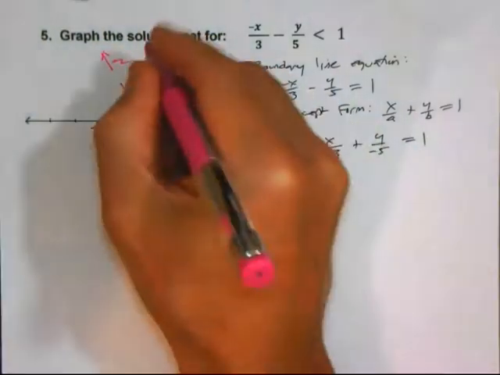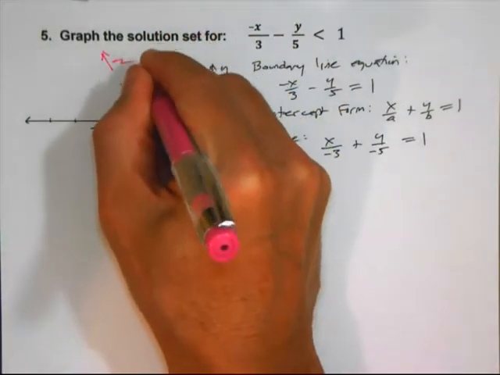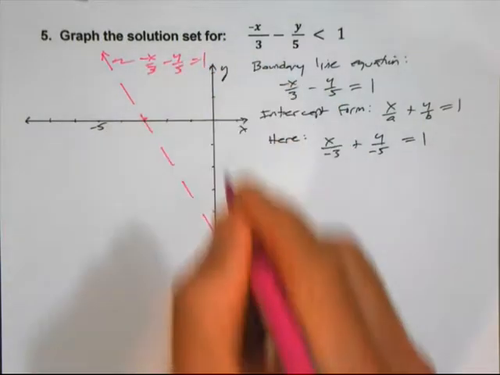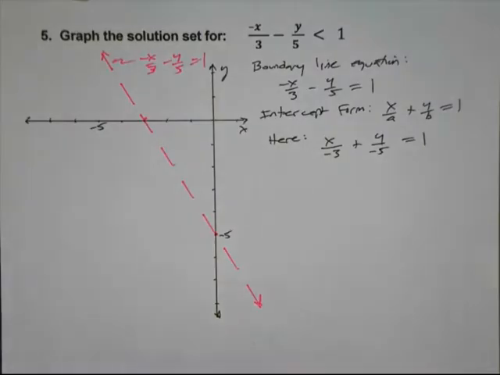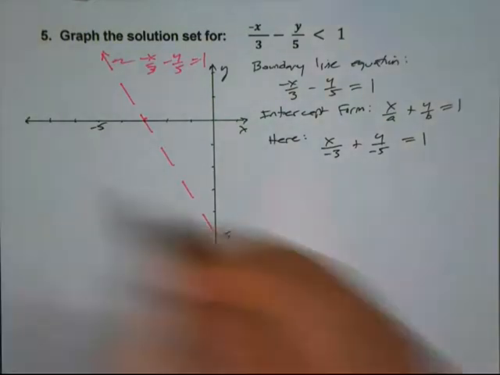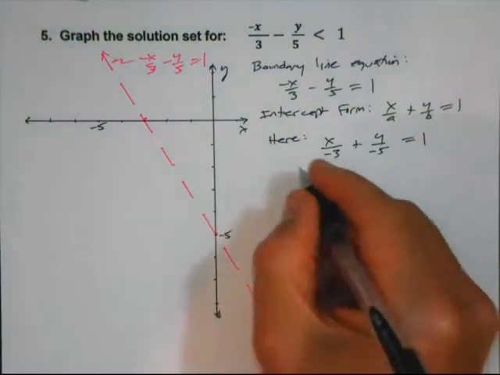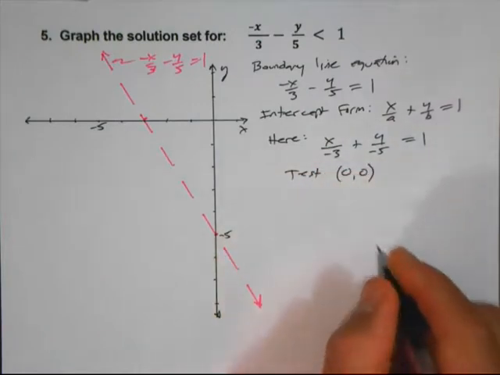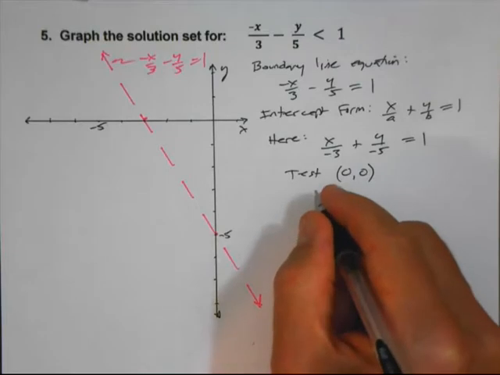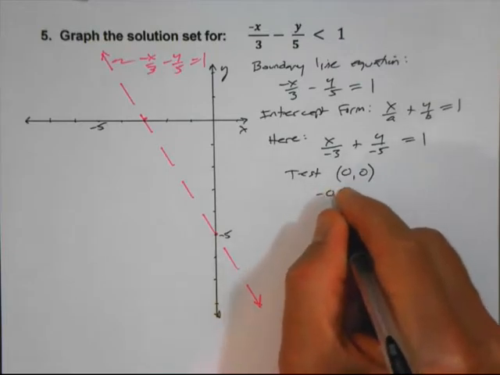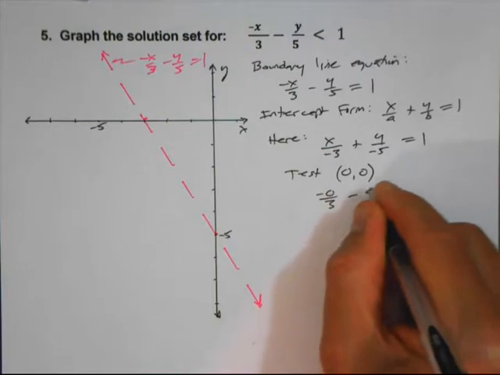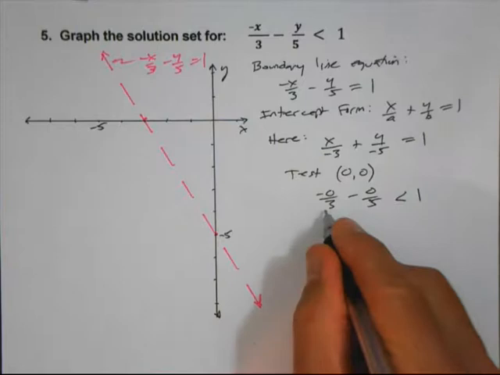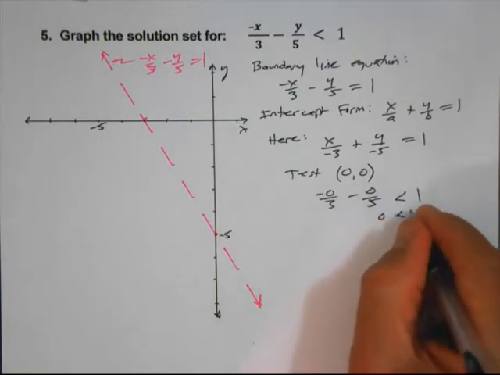Here's its equation. We can write the equation as -x/3 minus y/5 equals 1. That's fine. Now, which side of the line do we shade? Let's test (0, 0) here. Okay, go to that original inequality. We have -0/3 minus 0/5 less than 1. This is all 0 here. 0 less than 1.